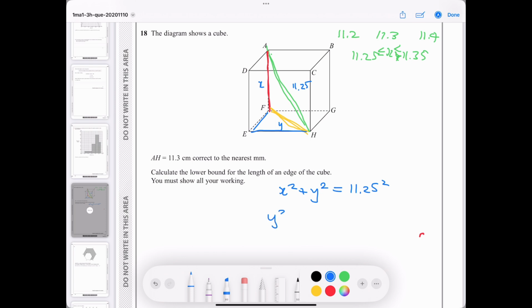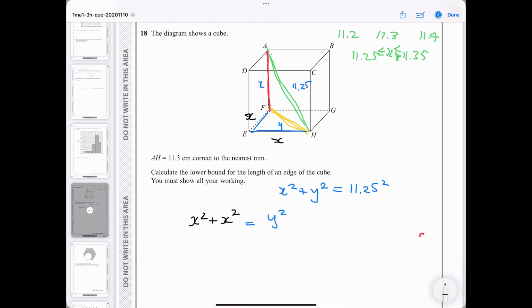So y squared equals x squared plus x squared. So now we know that 11.25 squared equals x squared plus y squared, which is x squared plus x squared plus x squared.